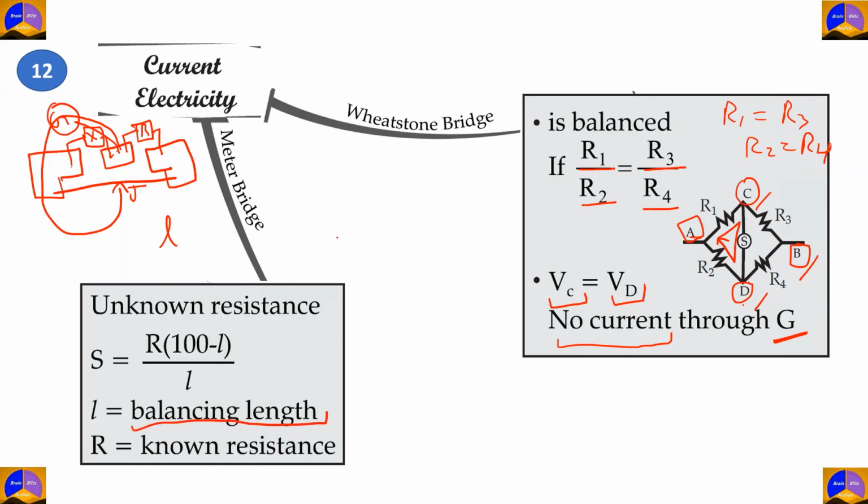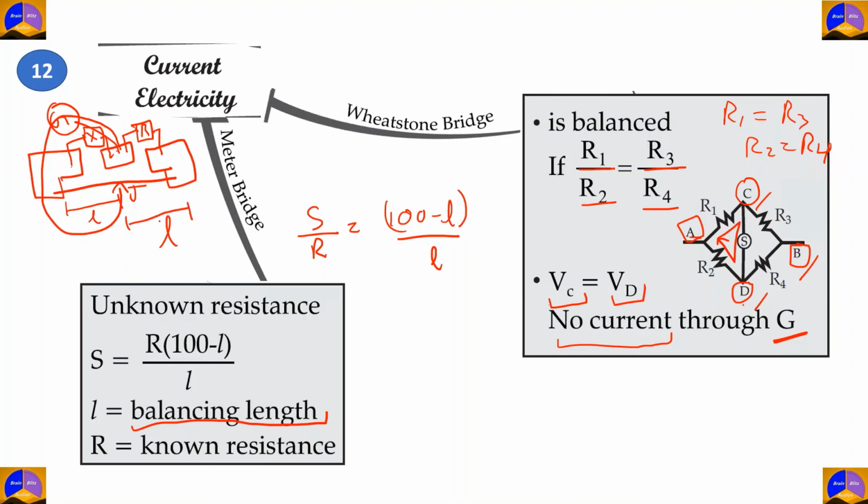And in a meter bridge, the fundamental principle that we arrive at is that S by R is equal to (100 minus L) divided by L. Now suppose L is this length.